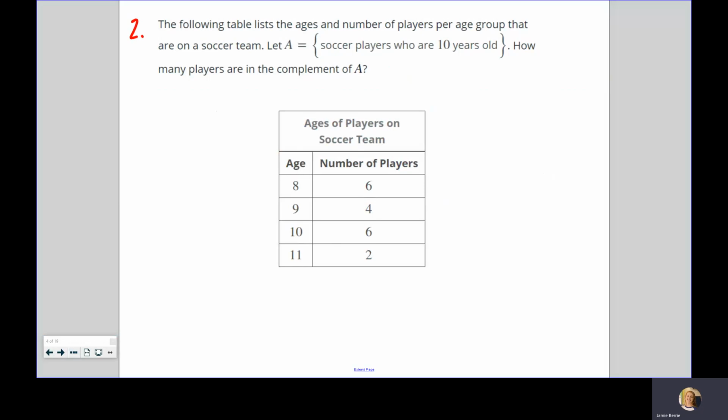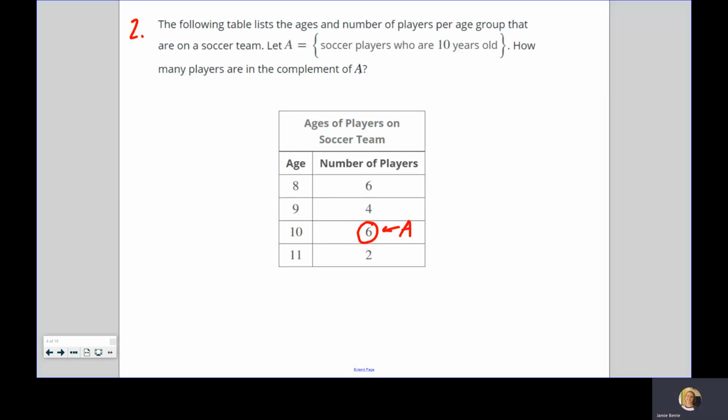We have players that range in age from 8 to 11. We've got 6 players who are 8, 4 players who are 9, 6 players who are 10, and 2 players who are 11. So A is the set of soccer players who are 10 years old. So that's these people. So this is A.